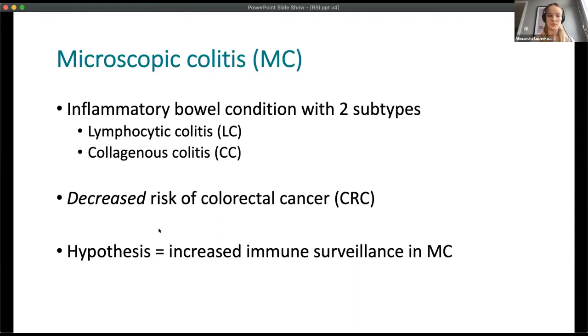So our hypothesis was that in microscopic colitis, the immune response is more geared towards immune surveillance than in the other two types of inflammatory bowel disease. And these responses instead contribute to inflammation-associated colorectal cancer.